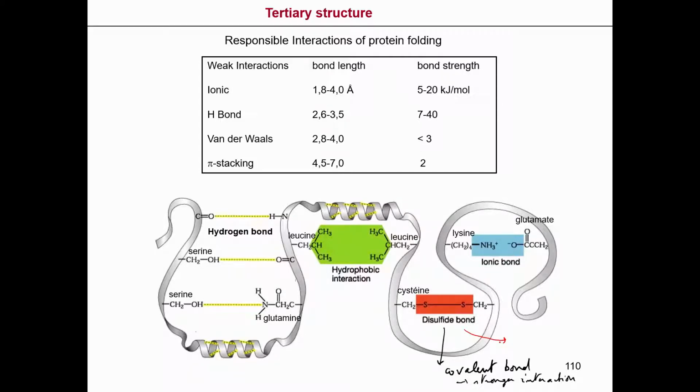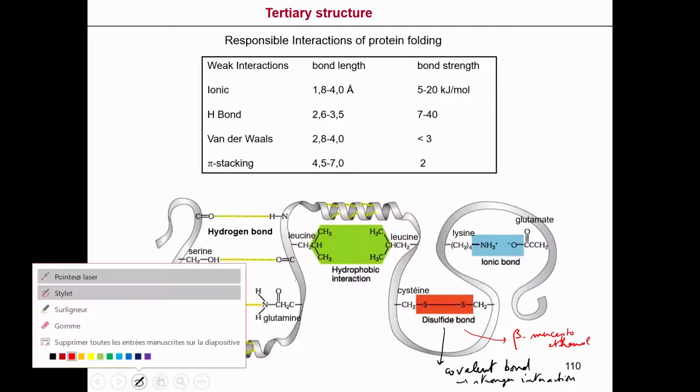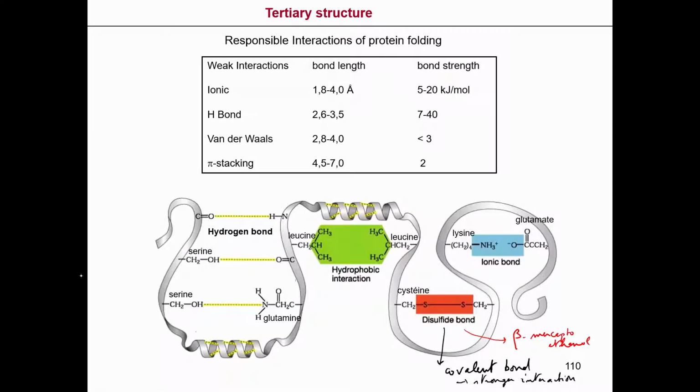I think we can use the reducing agents. Yes. Like beta mercaptoethanol. Yes, correct. Beta mercaptoethanol. So it's a reducing agent, and it will break the disulfide bond. Perfect.